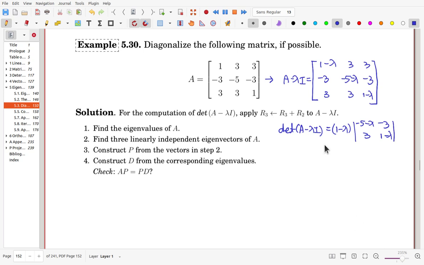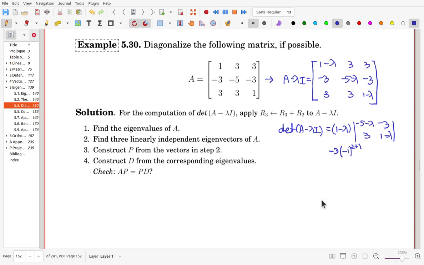For the next one, minus 3 times minus 1 to the power 2 plus 1, and we have to get the remainder.